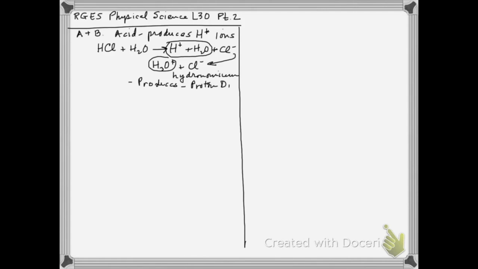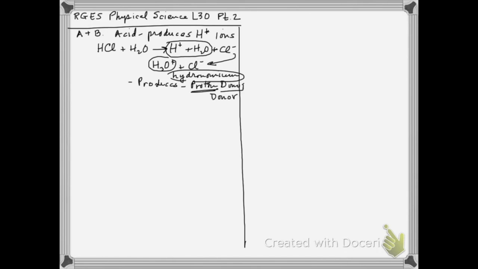It comes up with protons and gives them away. So it's a proton donor. A donor is something that gives something to another. So it's giving up what? Protons. It's producing protons, and so it's making hydronium ions as well.